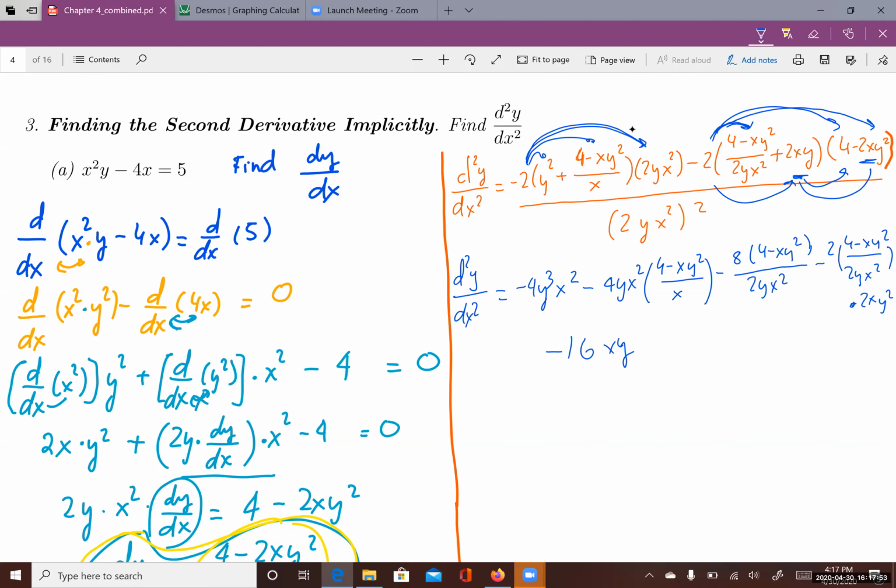So then I have to multiply with here, -2 times 4 is going to be 8 plus 8xy times 2xy squared. Okay. And then everything, remember, divided by 4y squared and x to the 4th. This is the denominator. Here, here, here.